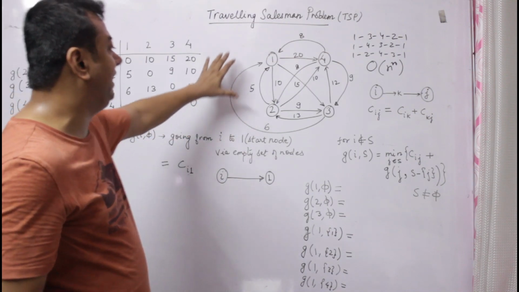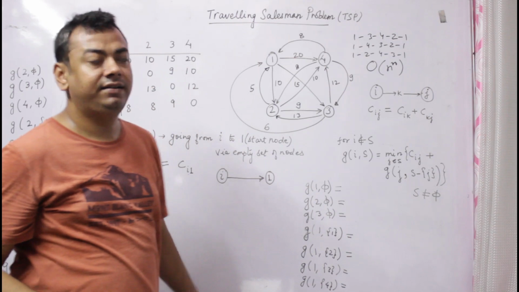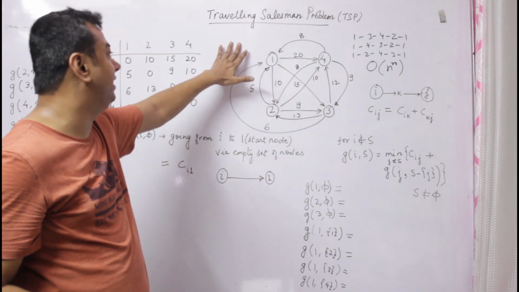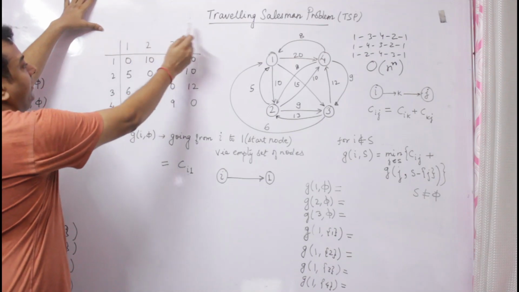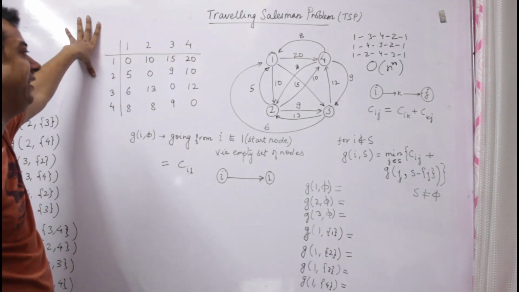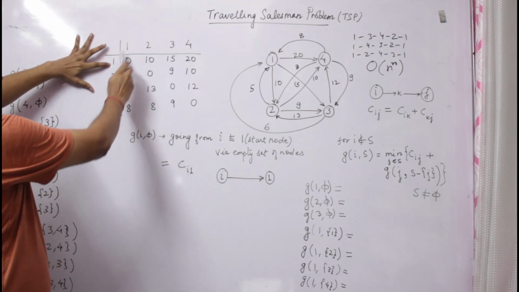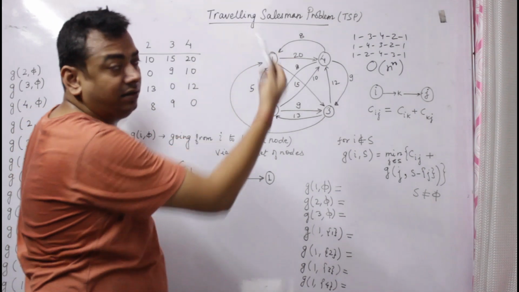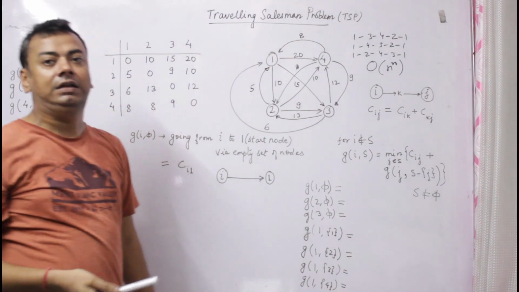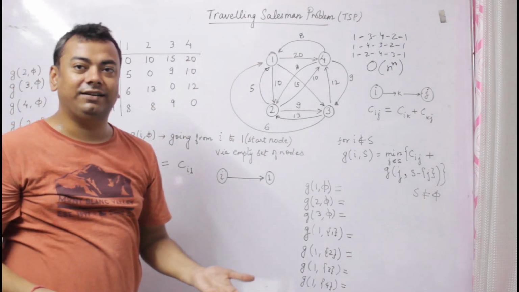So how do we start with this? For that I have taken this graph, and this is n cross n, meaning we have four nodes here: 1, 2, 3, 4. This is the cost matrix, or you can say weight matrix, and it is not necessarily symmetric. From 1 to 1, the self node, the person cannot travel, so the cost is 0.